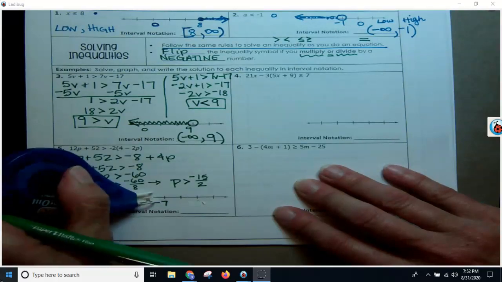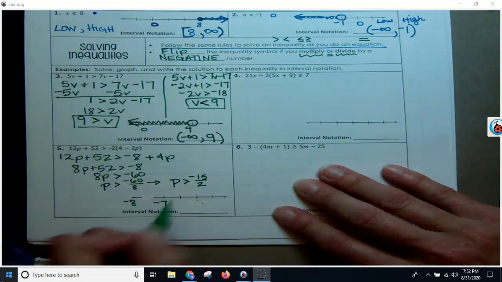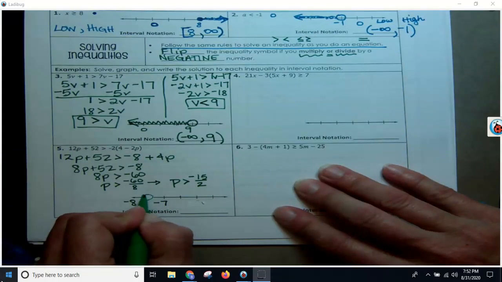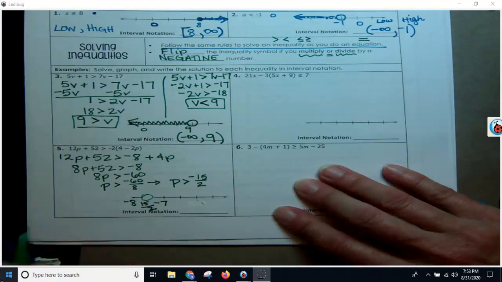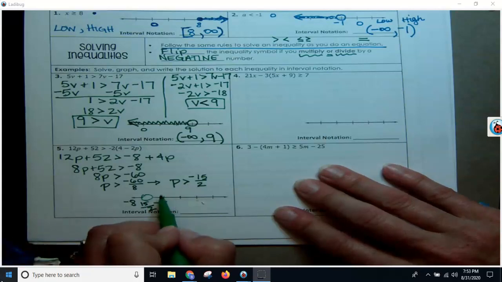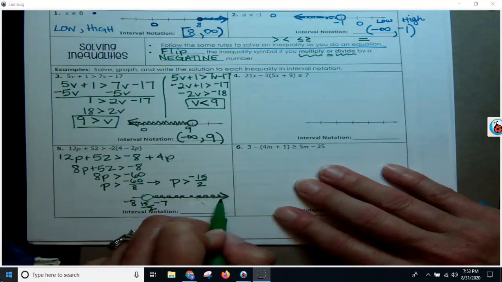Oh, goodness gracious. And this should be an open dot because it's not equal. So I'm going to use an open circle. This is negative 15 over 2. And then I'm going to say all the numbers greater than negative 15 over 2.